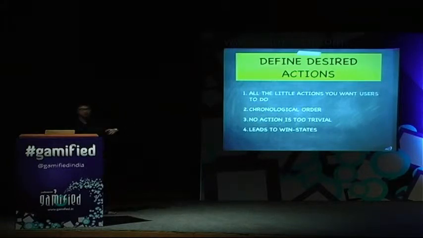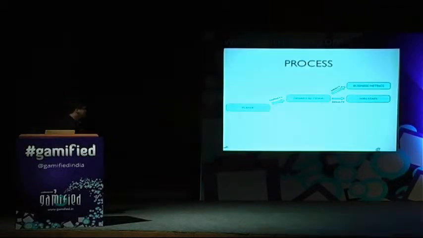And this leads to the win state in the user's mind. So users must always think about when they can get to the win state by committing the desired action, and it helps your business metrics. So those three things should always be aligned, which is intuitive, but you'd be surprised how many times you don't see that.